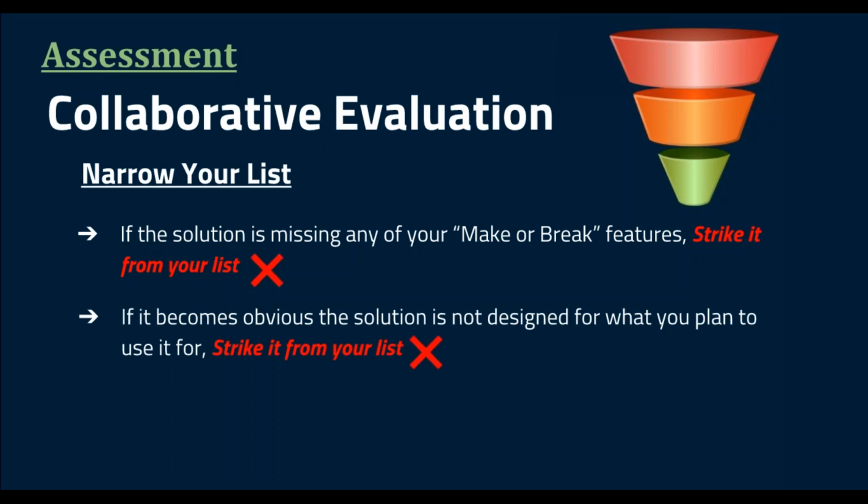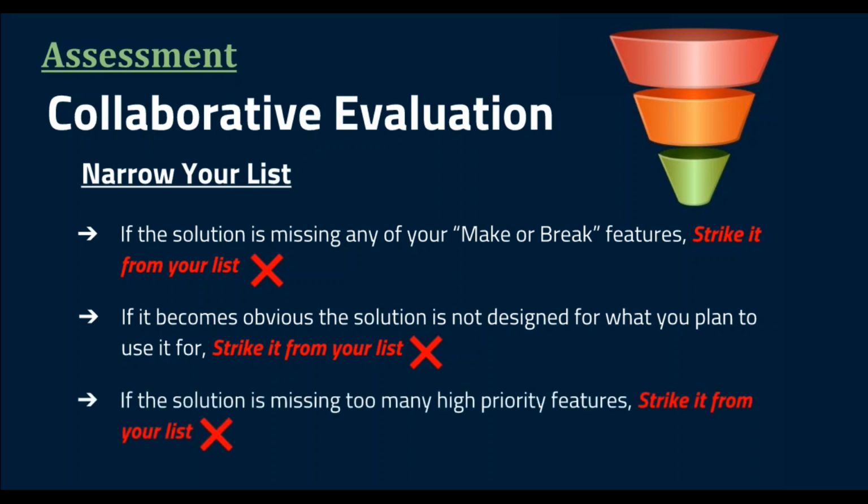A lot of times when you are sharing your requirements and the things you want it to do, it's not really built to do that. If half of the things that they're explaining to you seem like workarounds or something that's pasted together, or it's just not made to do this, take it off your list. You want something that's made to do what you're looking for it to do.